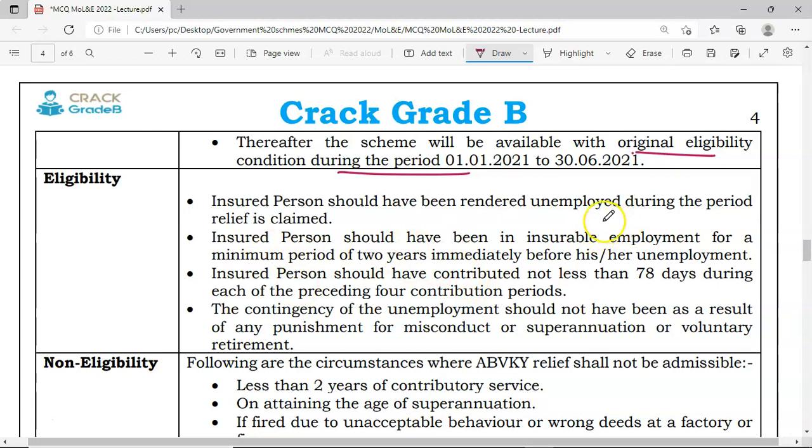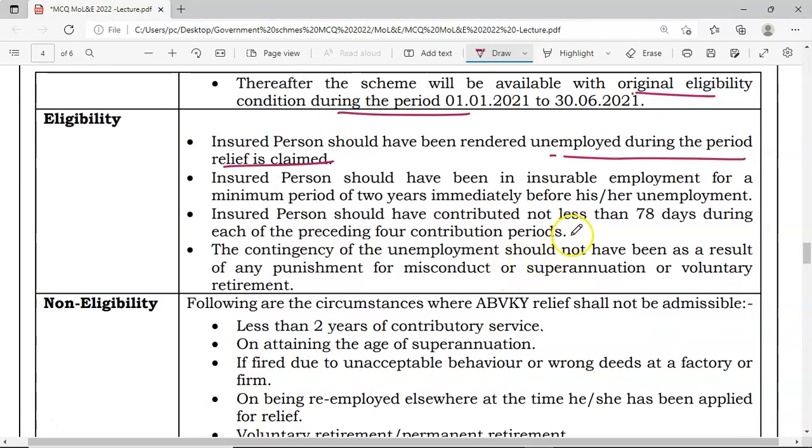The insured person should have been rendered unemployed during the period relief is claimed. The insured person should have been insurable for a minimum period of 2 years immediately before his/her unemployment. The insured person should have contributed not less than 78 days during each of the preceding 4 contribution periods.